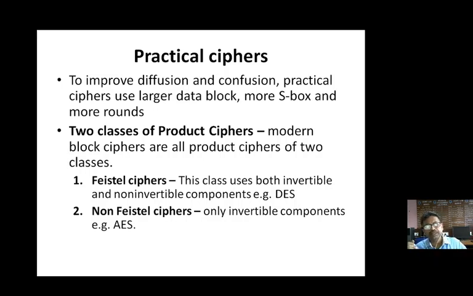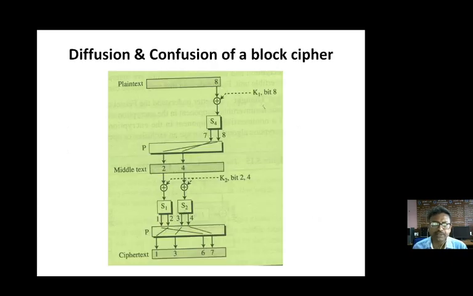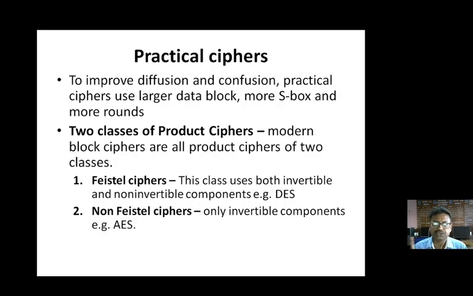if you remember DES, in DES, instead of using 8-bit data, we were using 64-bit data. In the case of S-box, instead of using 2 S-boxes, we are using 8 S-boxes. And as far as the rounds are concerned, we are not using 2 rounds, but in case of DES, we are using 16 rounds. So that is just to improve the diffusion and confusion.